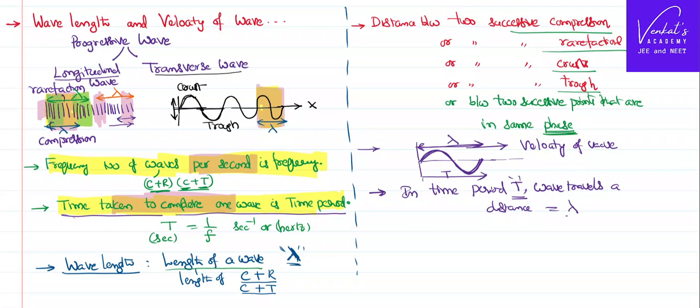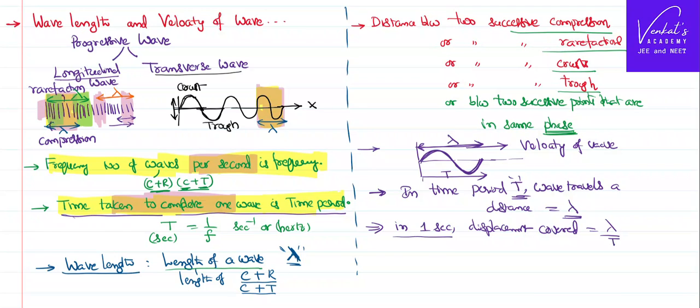In time period t seconds, it has covered a displacement lambda. That implies in 1 second, the displacement covered is, in total t seconds lambda, then in 1 second, lambda by t.